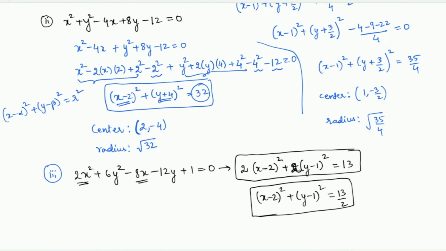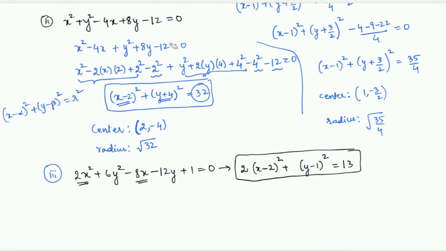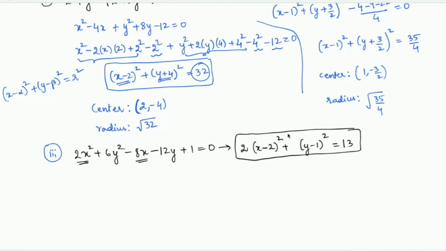But that is not happening. We cannot get rid of this 2 and 6 at the same time. If you divide with 6, this will go away, but this will still be there. So no matter what we do, it can't be written in the form x minus alpha whole square plus y minus beta whole square is equal to r square.